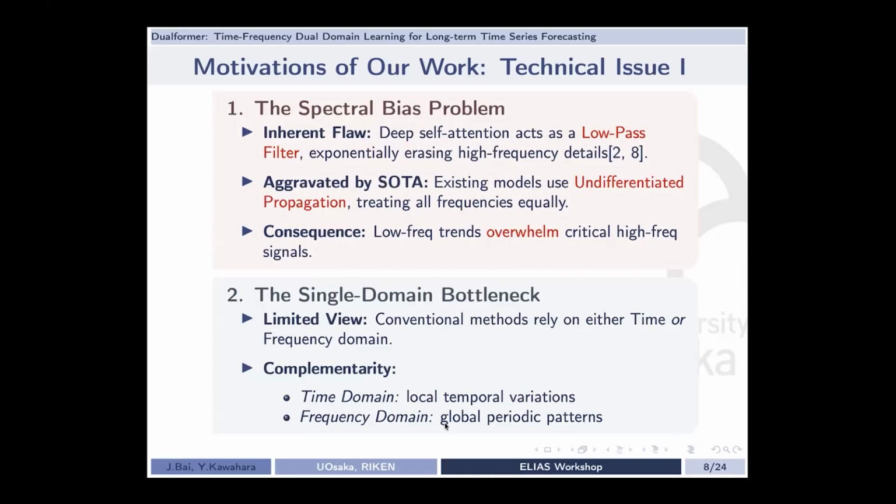And conventional transformers don't have any built-in way to rescue or protect those high frequency details at a very early stage. So that's the reason, and that's how we explain this issue.